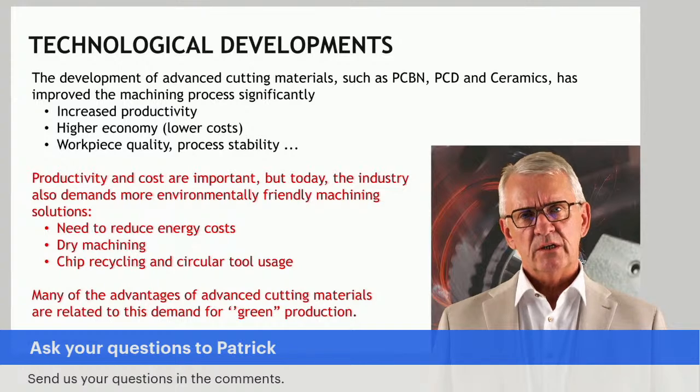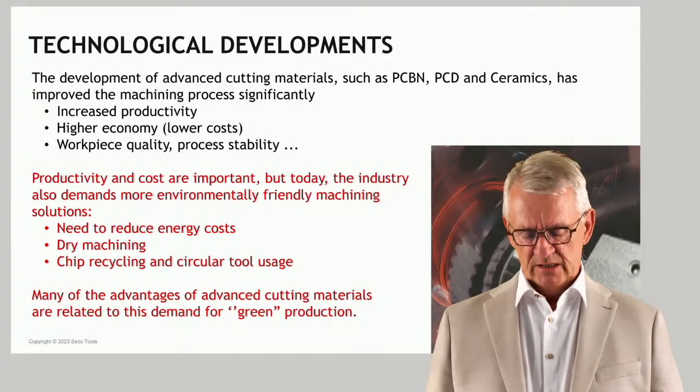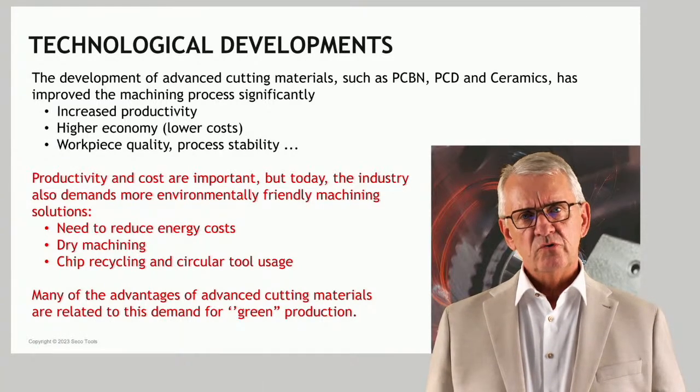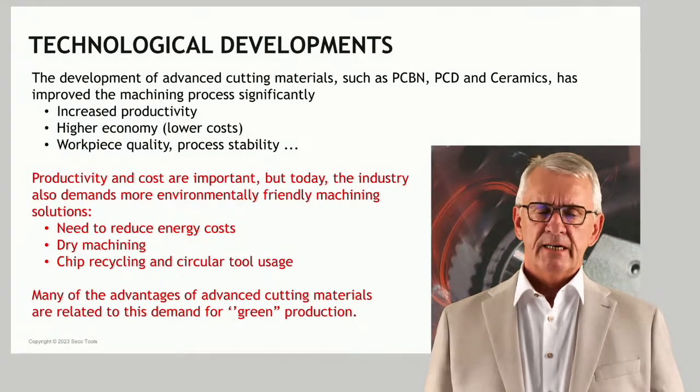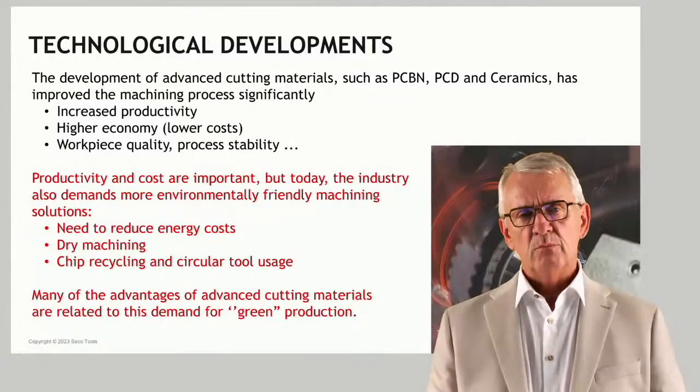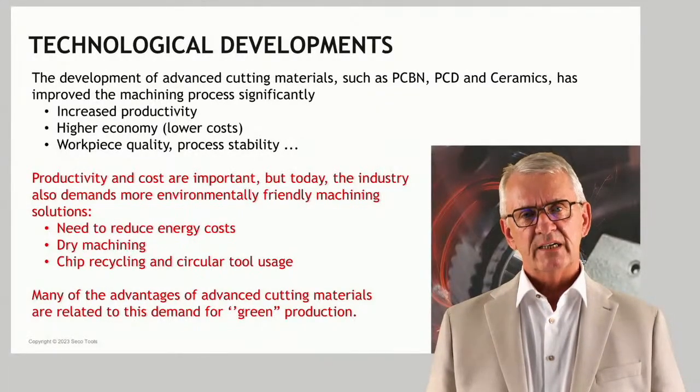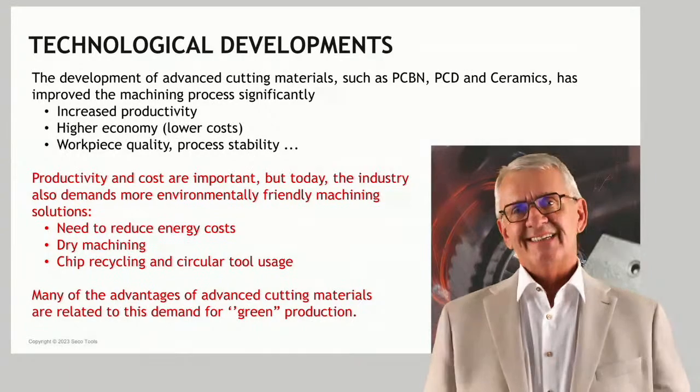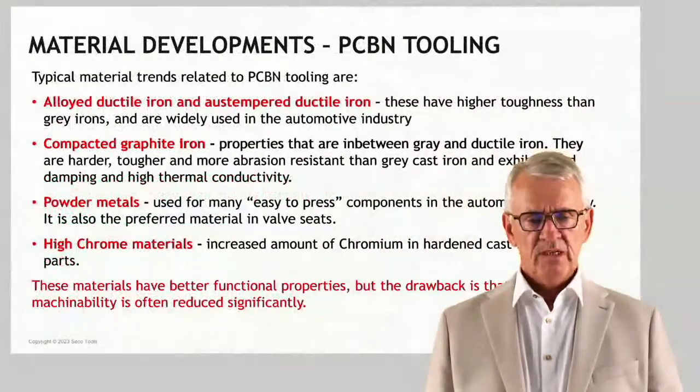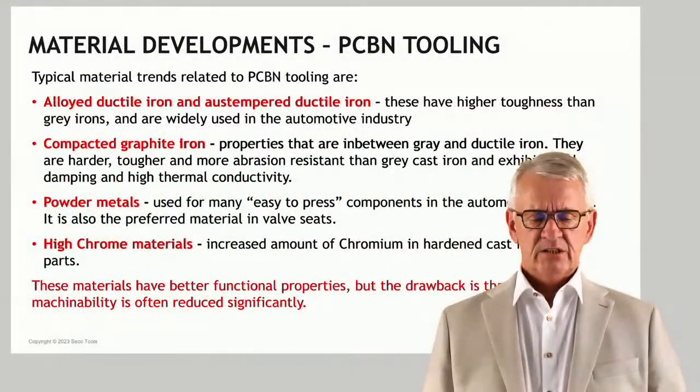Because with these cutting materials, as we will see later on in detail, it is possible to do certain machining processes in a more environmental friendly manner, in a more energy efficient manner, in a more green approach. And that is one thing.